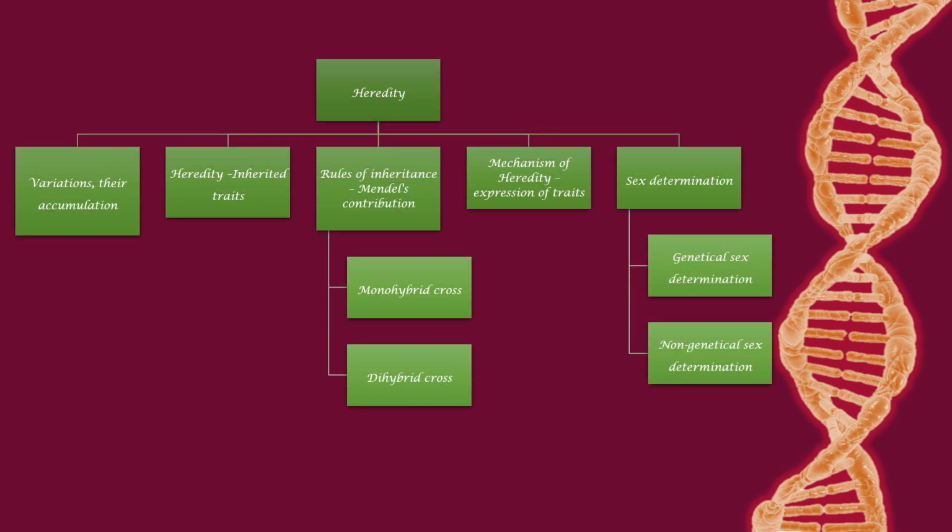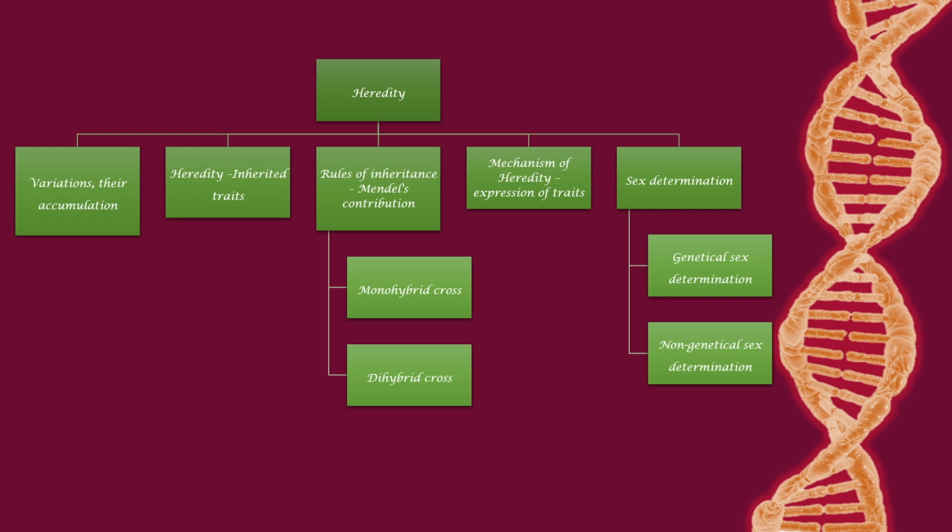So, let me draw an organization chart to show you what you learned in this chapter. Variations and their accumulation, heredity, inheritance, inherited traits, rules of inheritance, Mendel's contribution. In this, we discussed two important concepts, monohybrid cross and dihybrid cross.